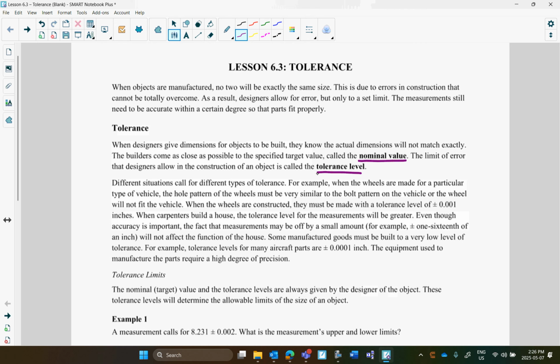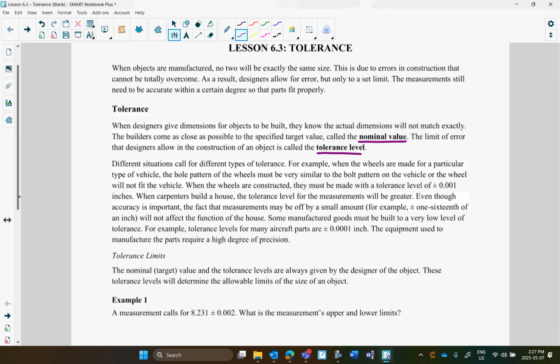There's not a lot of room for error. And one area that you see an example here would be like for an aircraft. Because if you got things too loose or not fitting, that's going to be extremely dangerous, especially with air. Okay. All right.